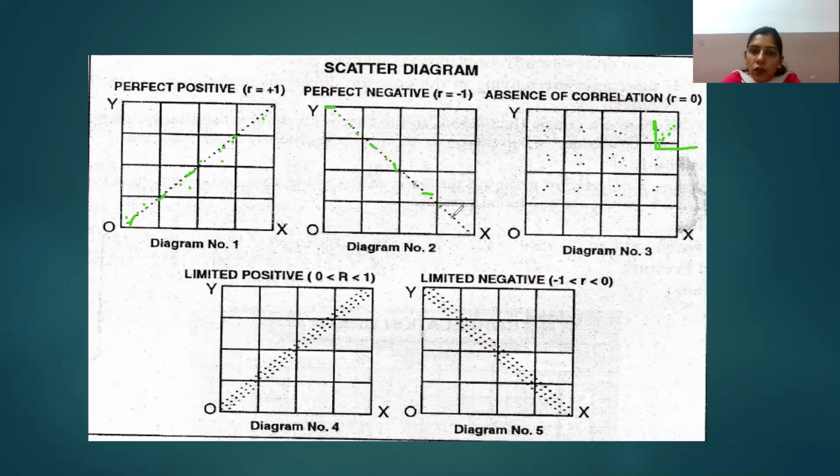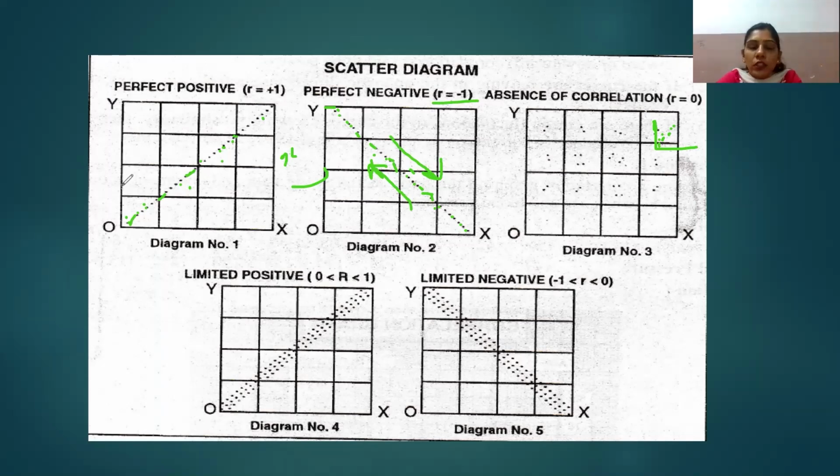It means if variable x is increasing, variable y is decreasing. So in this case, the graph is falling, and the value of r is equal to minus 1.